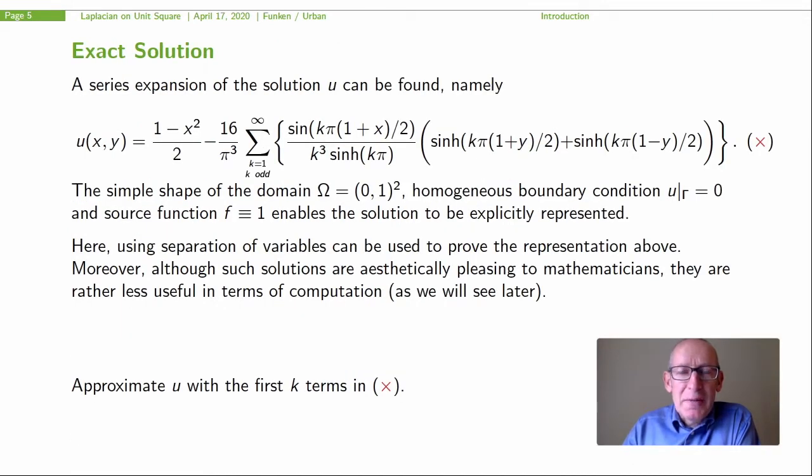Due to the simple situation that we have only a square, the simple operator minus Laplace u, and also due to the simple right hand side, which is equal to 1, under these assumptions we have exact knowledge about the exact solution, which is just a combination of sine and hyperbolic sine function, sinh.